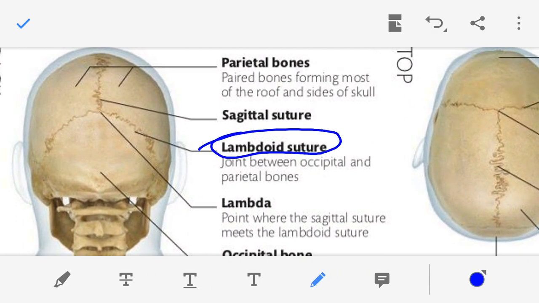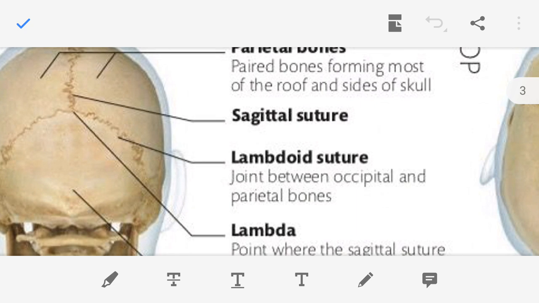Where is it present? It is the joint between occipital and parietal. This one is the occipital bone and these are the parietal bones. The parietal bone and the occipital bone join together with this lambdoid suture.